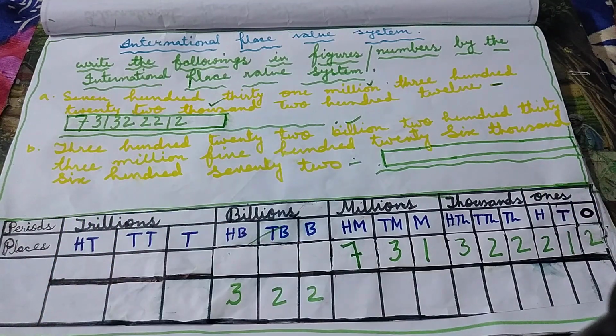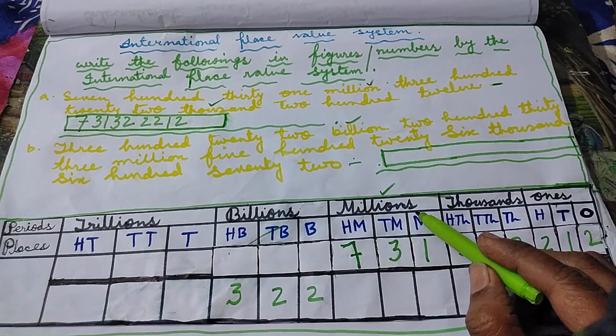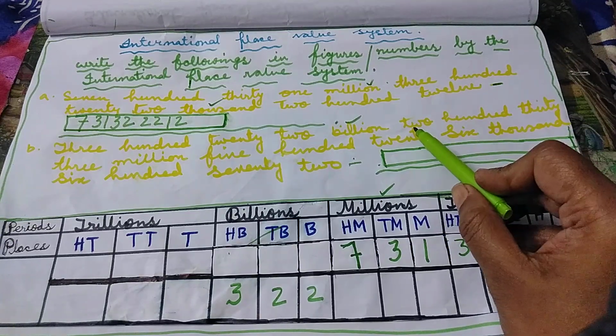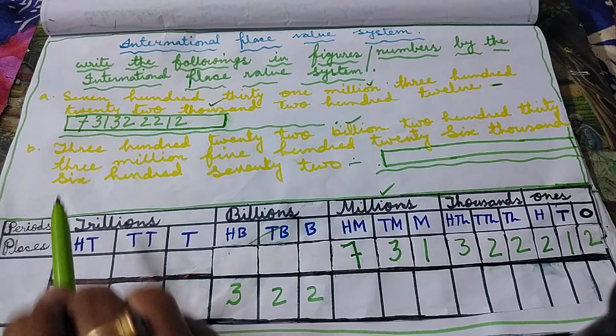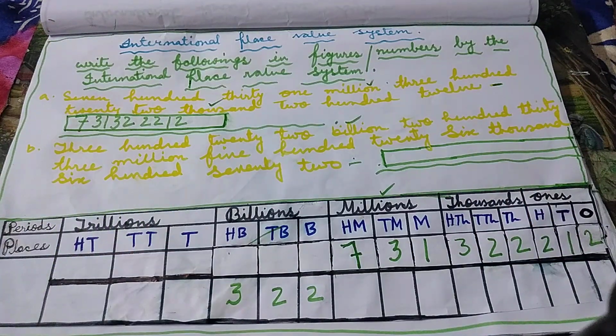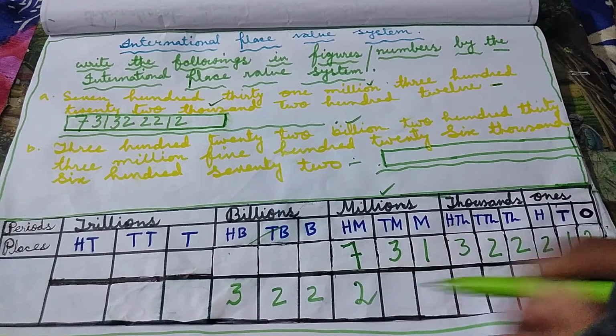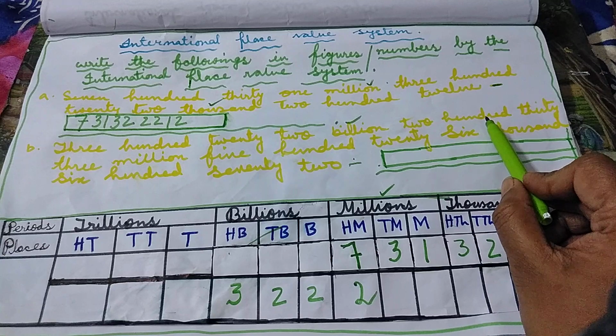233 million. Where is the millions group or millions period? This is the millions group or millions period. How will we write 233 million? In the hundreds place, we will write 2. 200.